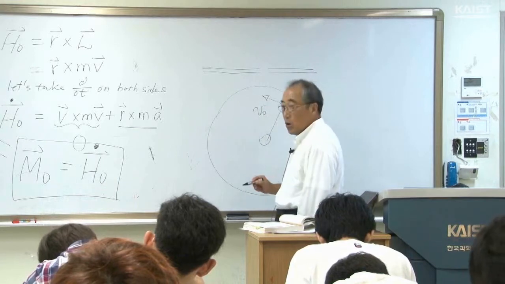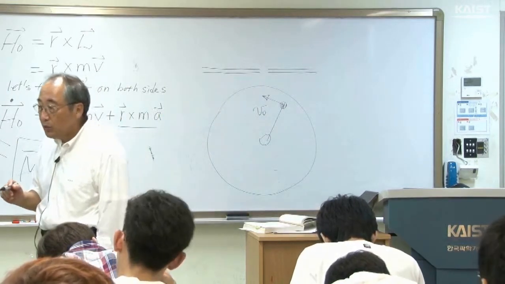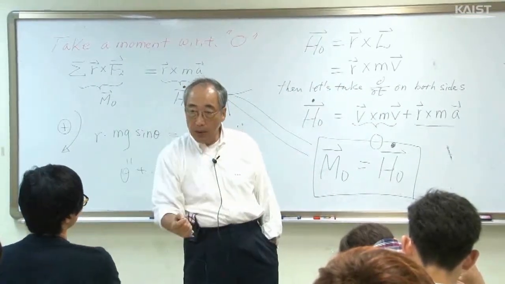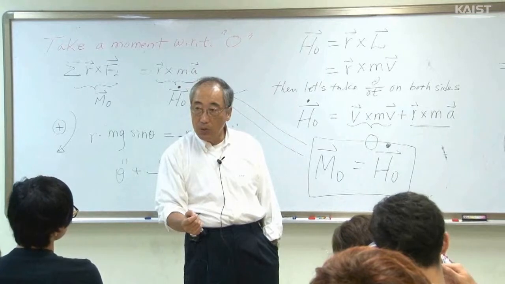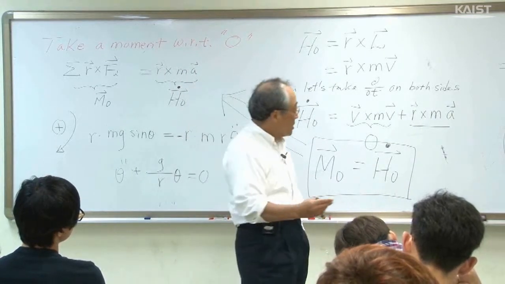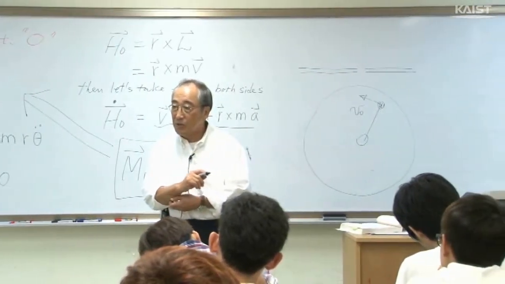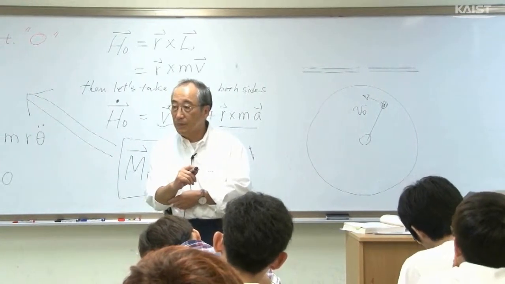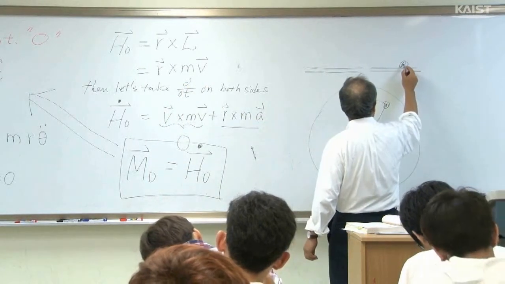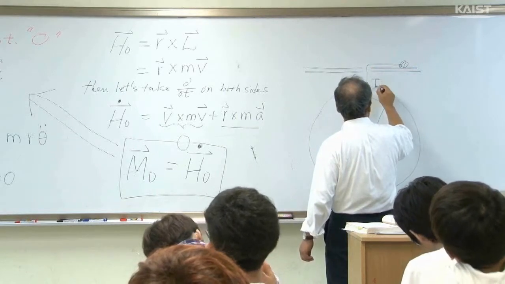There is a taut cord, which means inextensible, and I'm pulling down the cord. And I want to know how this mass is moving at a certain position. So there is a mass, there is a cord, and I'm pulling down with tension T.